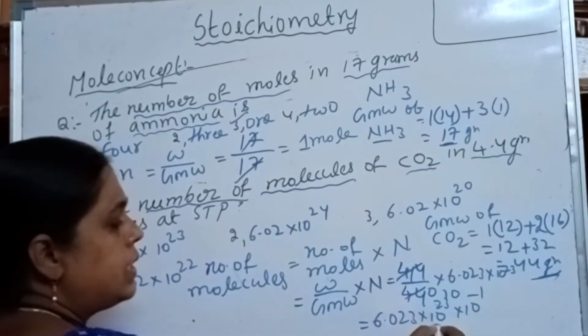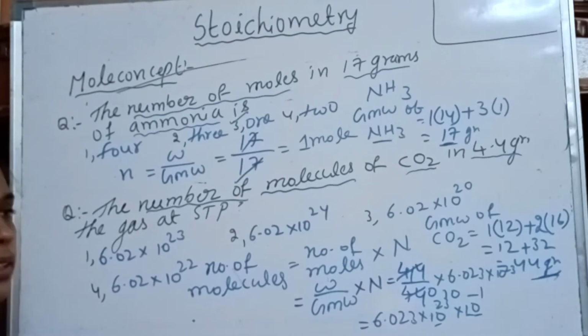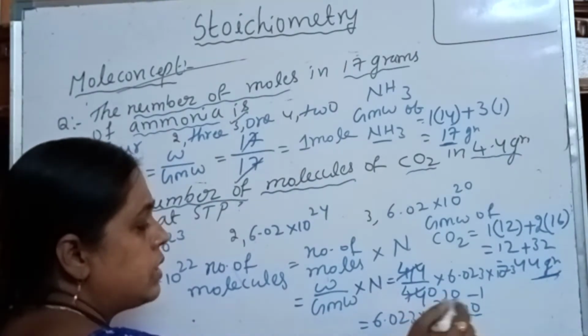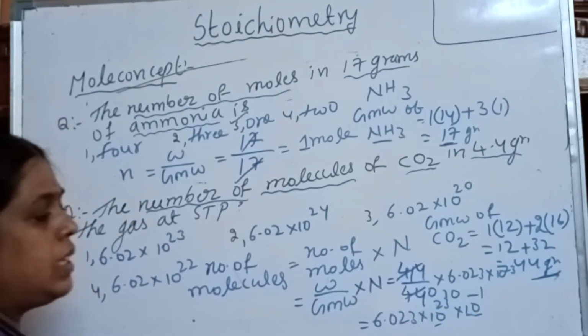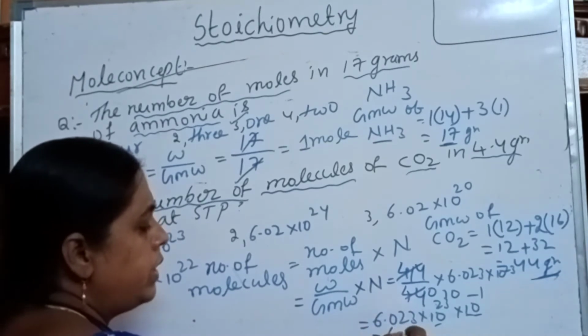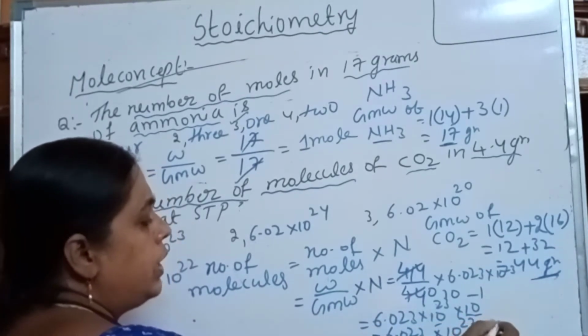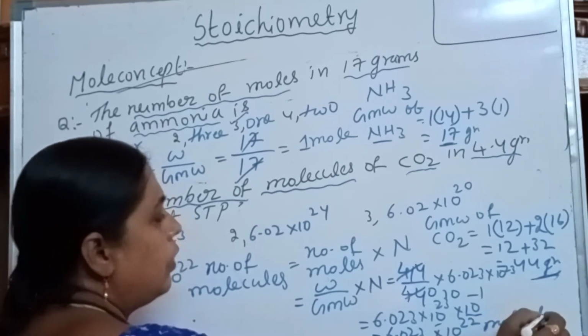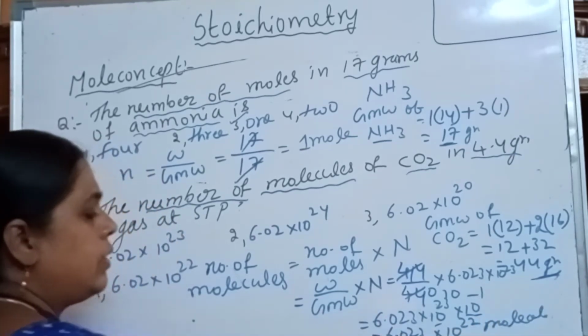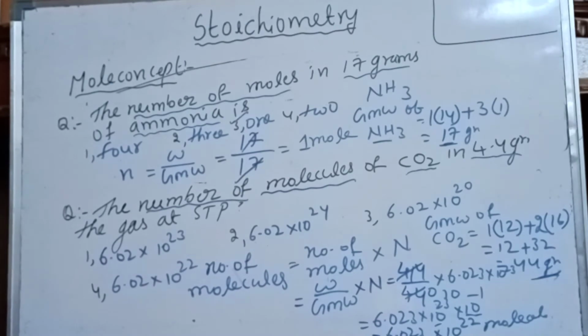Here the bases are the same, so we add the powers. How much do we get? 23 minus 1 is equal to 22. So 6.023 into 10 to the power of 22 molecules. So this is the answer.